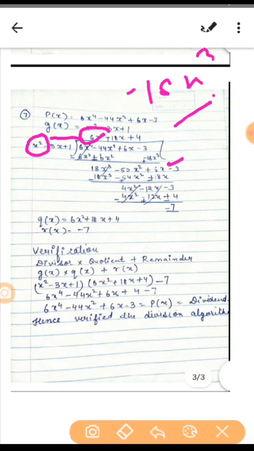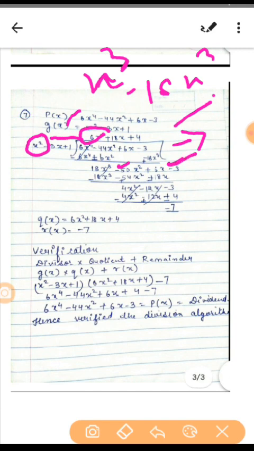And 6x square multiplied by plus 1 is 6x square. Here it is. Because in the given polynomial the x cube term was not there, that's why we have written that x cube term at last.